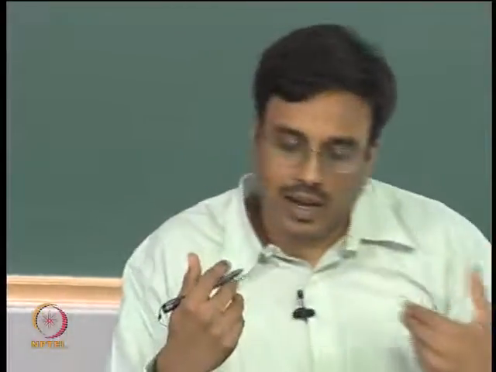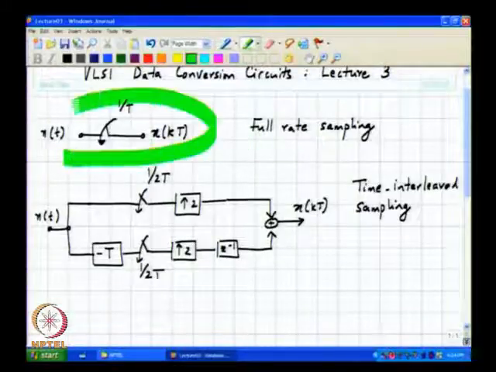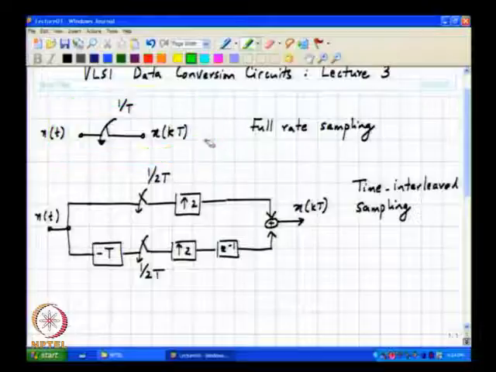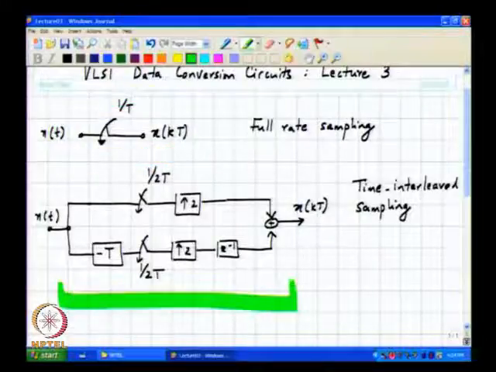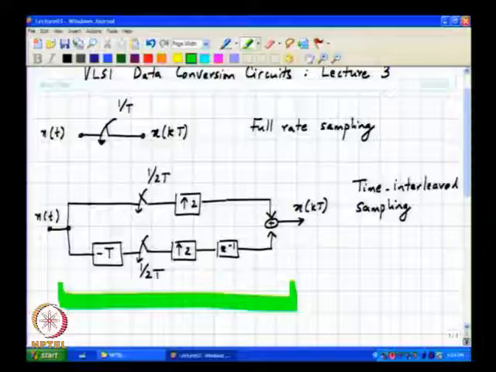You understand? And so as shown here, this is the equivalent of the full rate sample and hold, and this shown below is the mathematical equivalent of time interleaved sampling. Please note the words mathematically equivalent. Physically it will not be implemented like this.